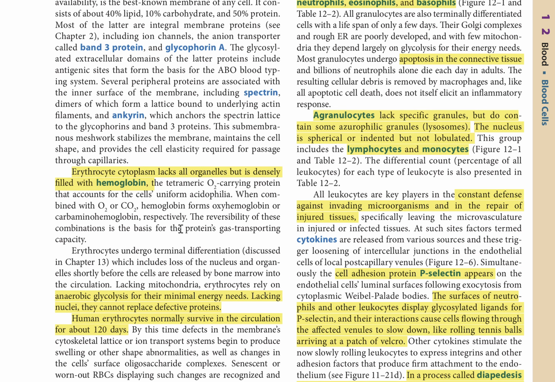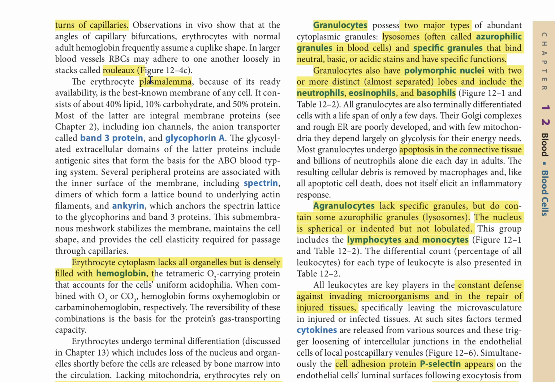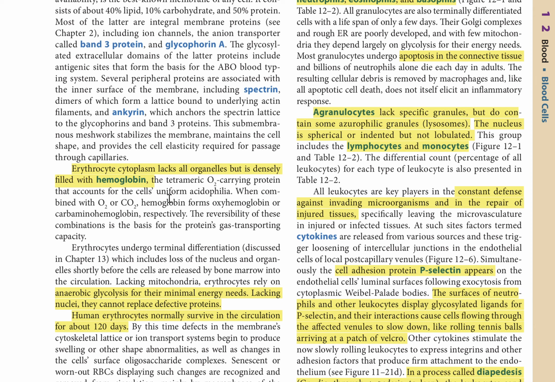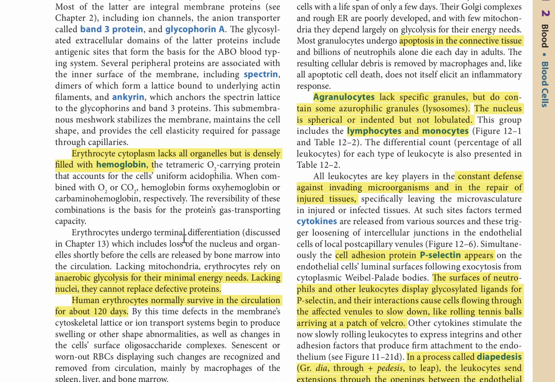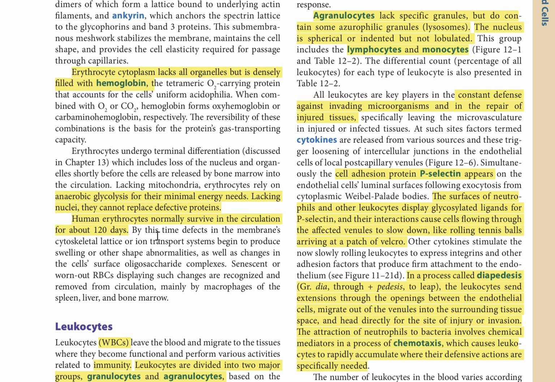So here in this paragraph, we have seen the erythrocyte plasmalemma, what they have on the outer surface of the plasmalemma, what they have on the inner surface, and what is in the erythrocyte cytoplasm. We have seen what type of respiration is done by the erythrocytes.